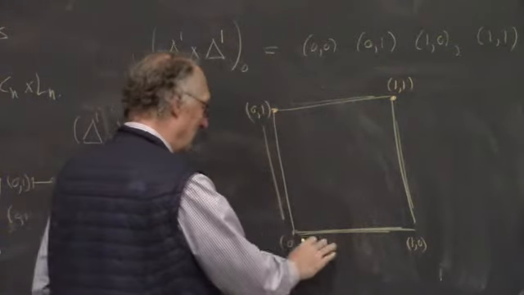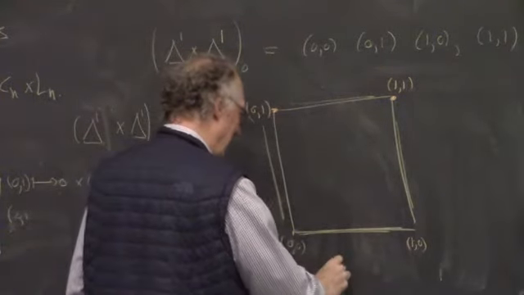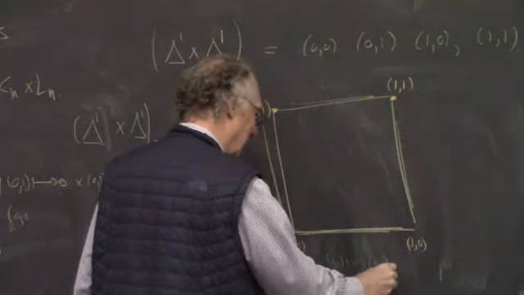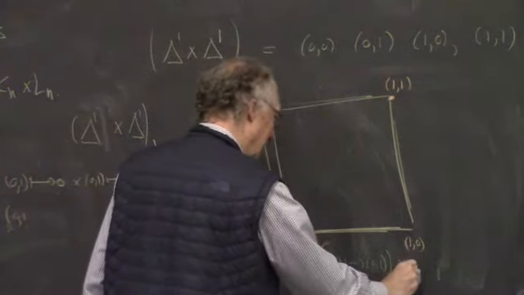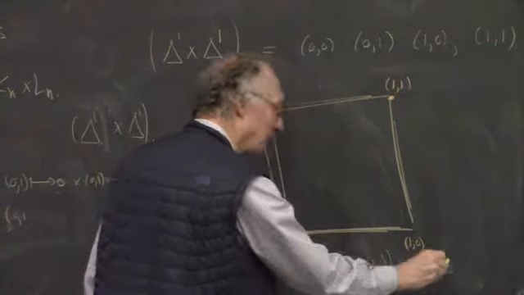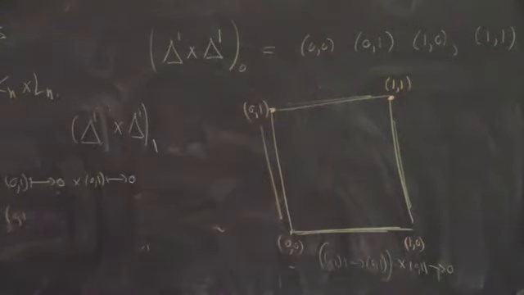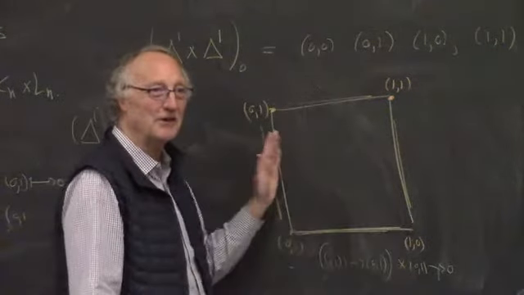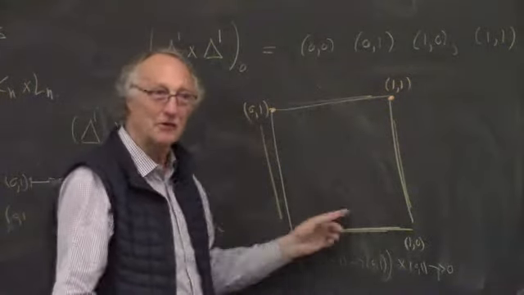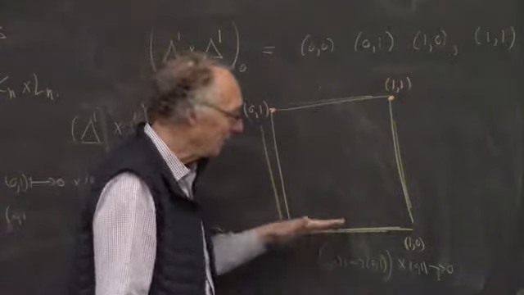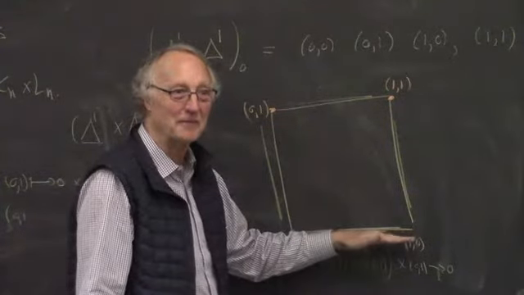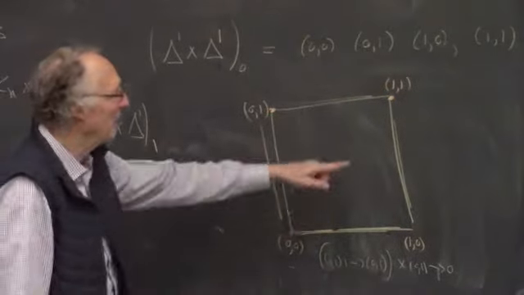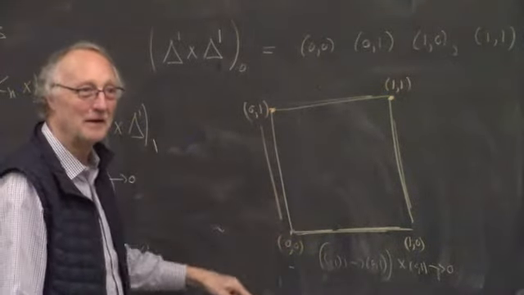So this one, for example, would be (0,1) goes to (0,1), the isomorphism, cross (0,1) goes to 0. Degenerate in the second factor. If you project this onto the second factor, it's degenerate. It goes to 0. If you project it on the first factor, it's non-degenerate. Okay. So we have 4 of those. They make up the edges of the square.